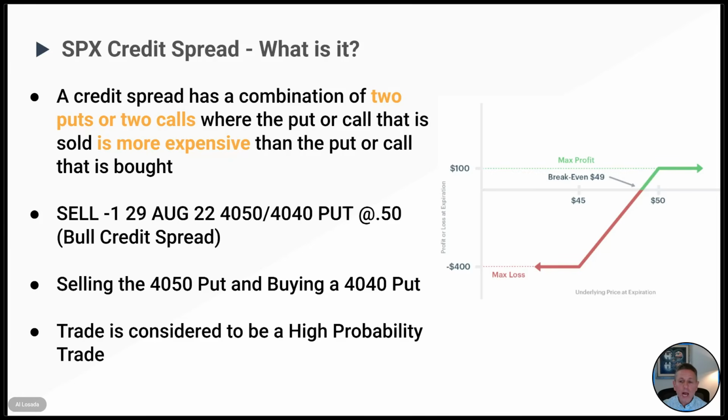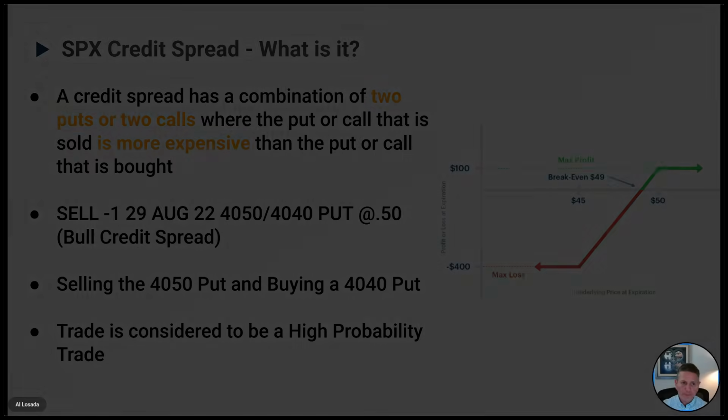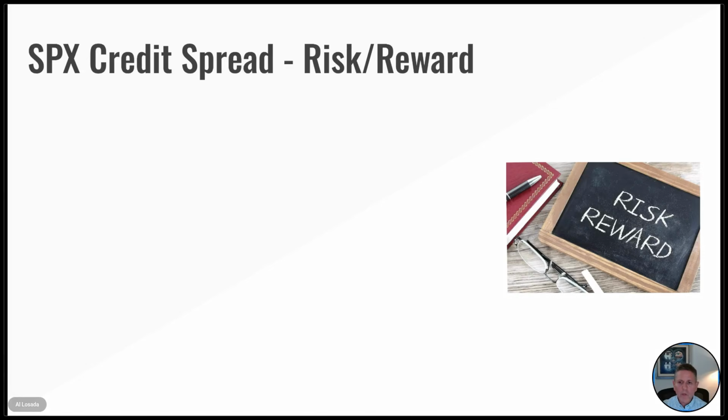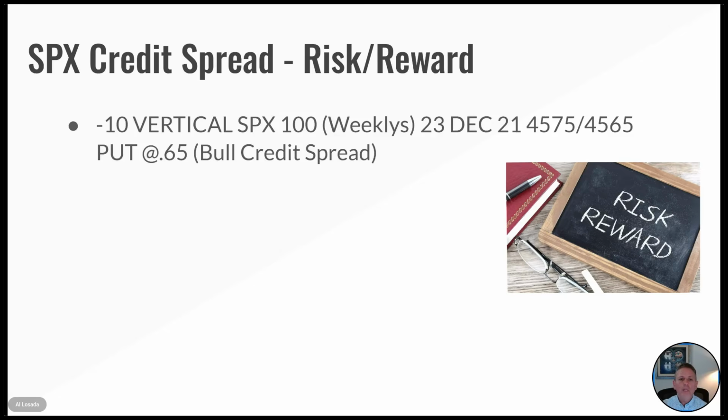The trade is considered to be a high probability trade. Okay. All right. So with that, though, also there are threats here. Okay. So a credit spread, you can get a bull spread here, all right?